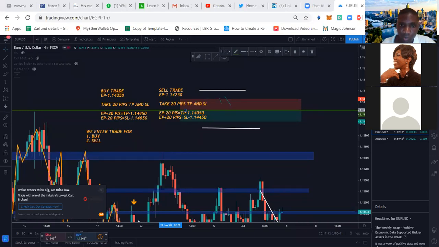When we say price action, what we are saying is, what is price doing? The candle formation is what is telling us what price is doing per time. So if a candle forms black like this, or forms red, that's telling us that price dropped in that period of time.